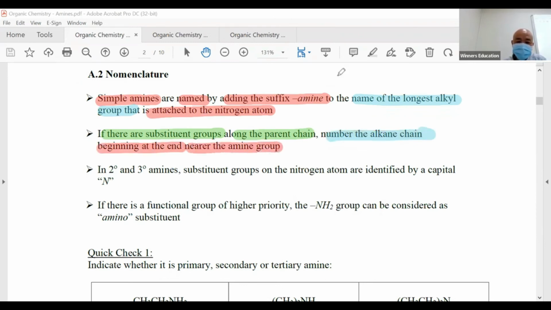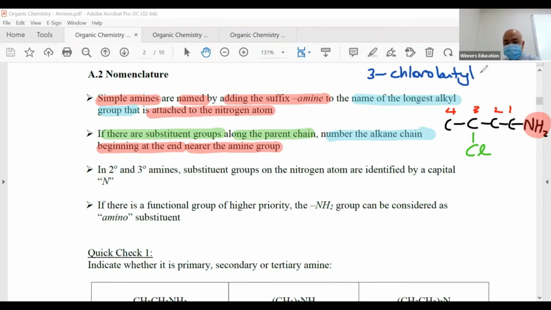So this one is talking about if I have 1, 2, 3, 4, then say NH2 here. So this is the main functional group. The positioning will be 1, 2, 3, 4. If you have a substituent, say here, then it will be called 3-chloro-butylamine. Let me write this out for you.